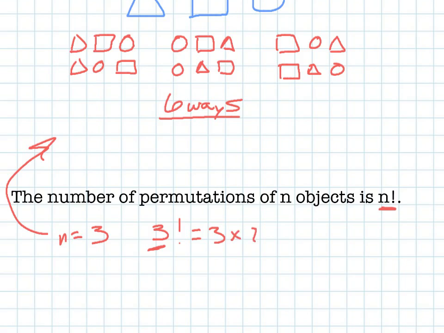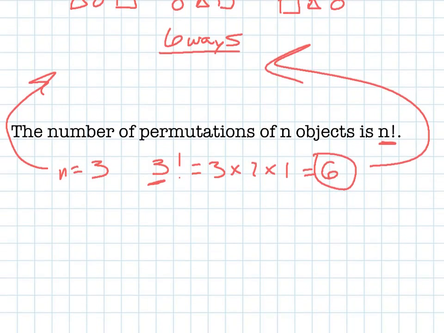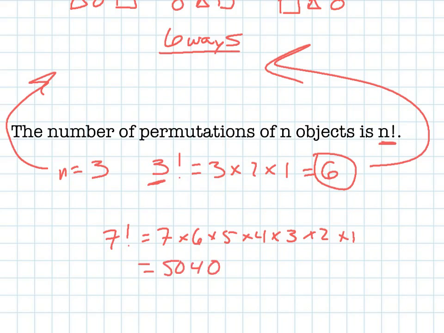So 3 times 2 times 1. So in this case, I get 6, just like I got up here. Okay, now I could also do this for 7 factorial, so it's 7 times 6 times 5 times 4 times 3 times 2 times 1. Okay, and that would get you 5040. So that's what a factorial is. It's always the highest value and then all the consecutive values after that down to 1, all multiplied.